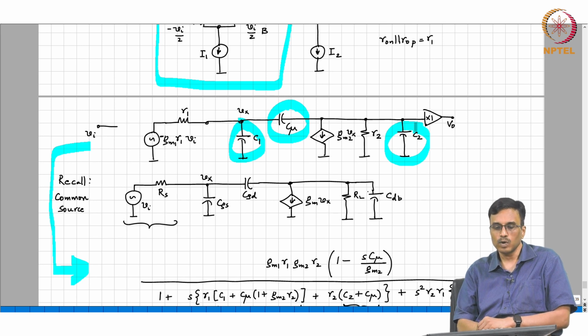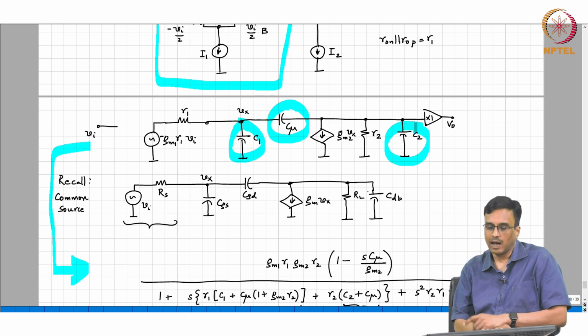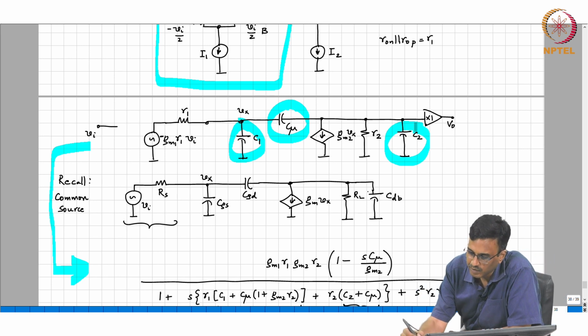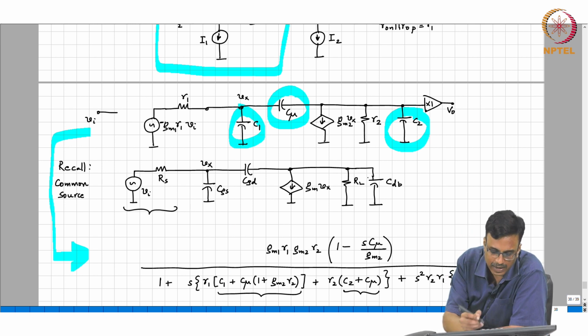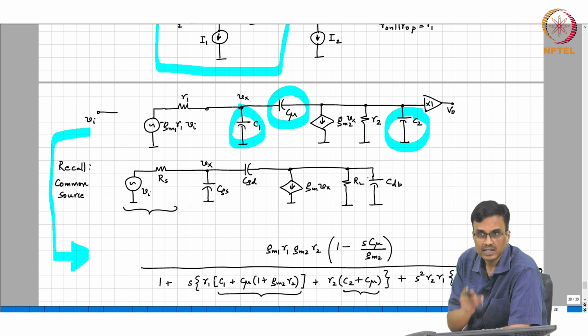Why do you say C mu? So, basically, as you can see, for a fixed amount of capacitance, if you add capacitance just in parallel with C1, C1 will become C1 plus Cx.